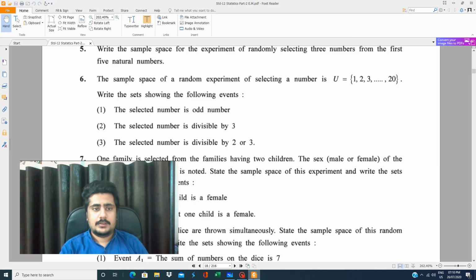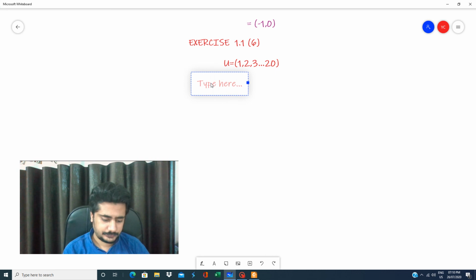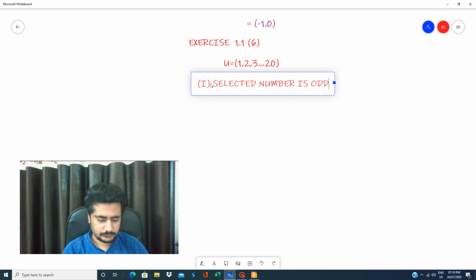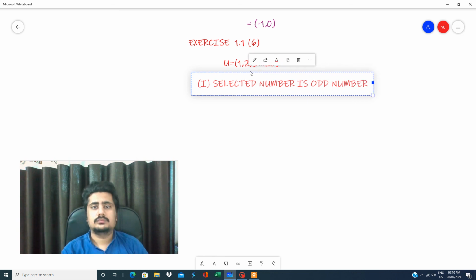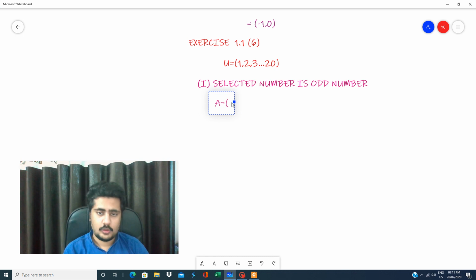Now what is asked? Write the set showing the following events. The selected number is an odd number. Let event A be the odd number.